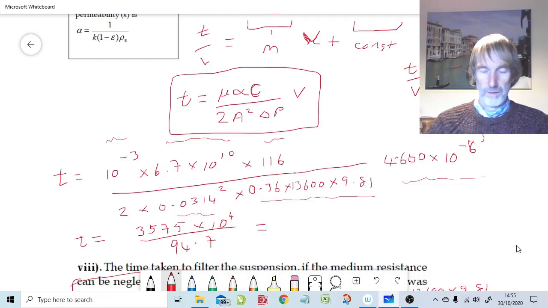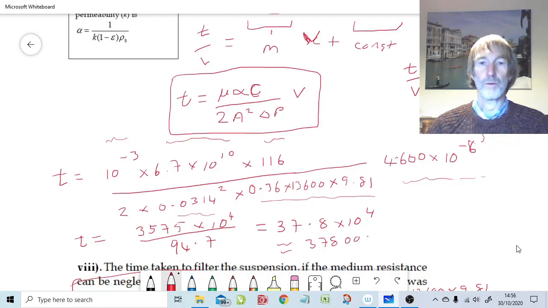So that is therefore 3575 divided by 94.7 equals 37.8 times 10 to the 4. Near enough, 378.